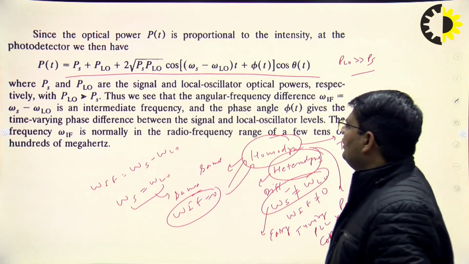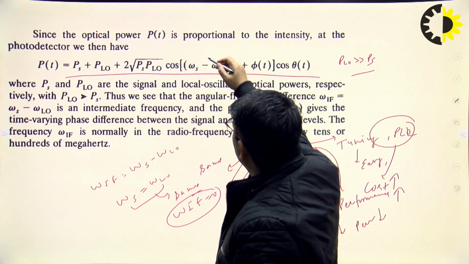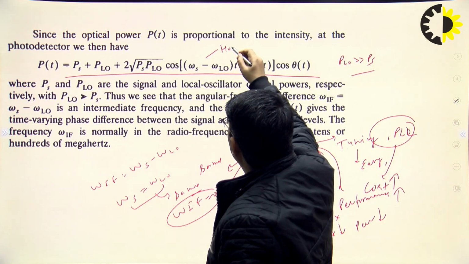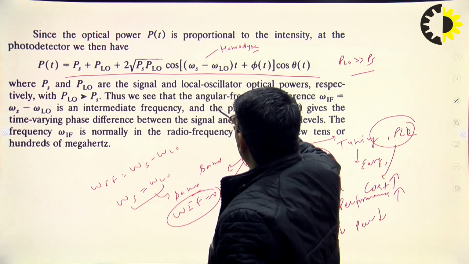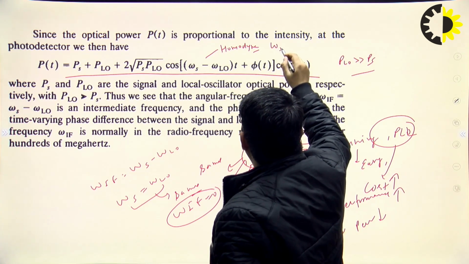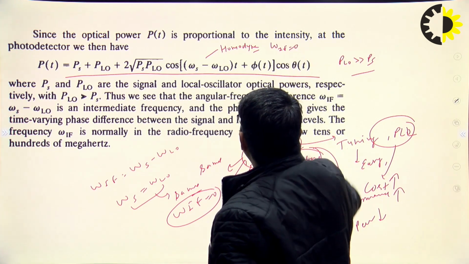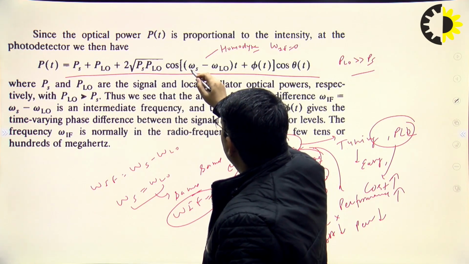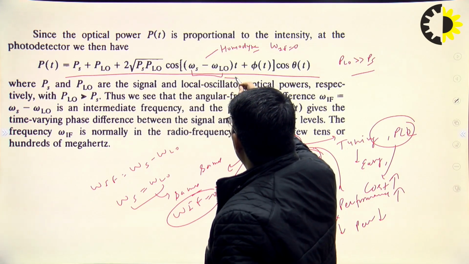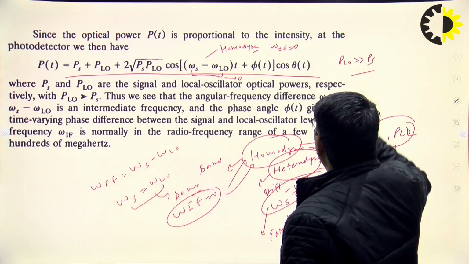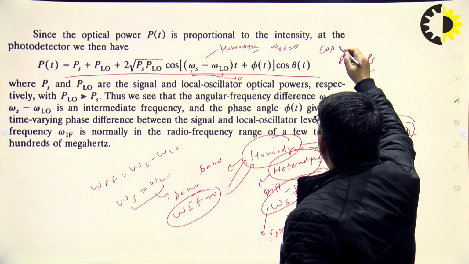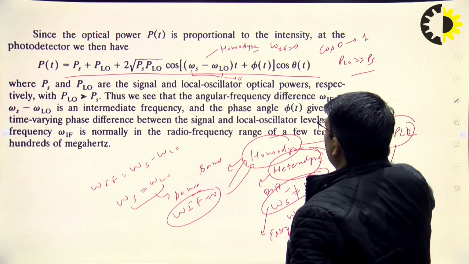And if we put in the case of homodyne, the condition for homodyne is W_IF equal to 0. So this factor W_S minus W_LO becomes 0, and cos 0 is 1.